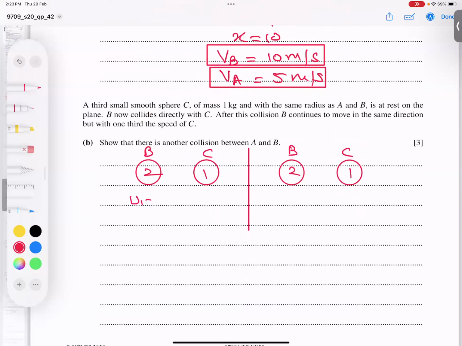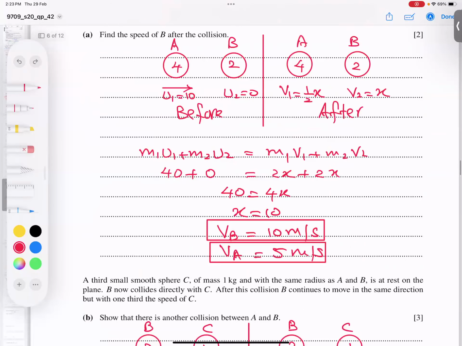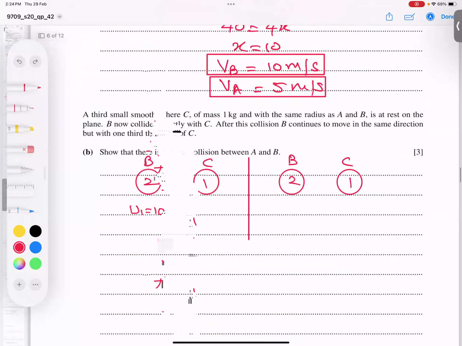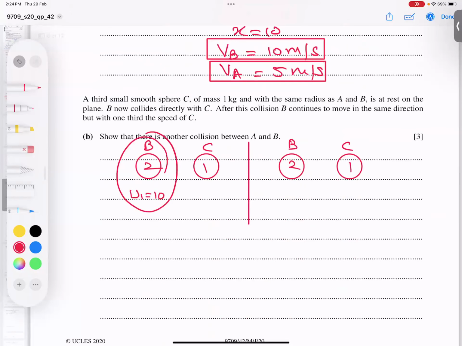So U1, I'm writing 10 here. Naturally, when A hits B, the last speed of B is 10, and the same speed it will hit C. That is why I'm taking it as the starting speed. And U2 is 0, because I know that C is at rest.